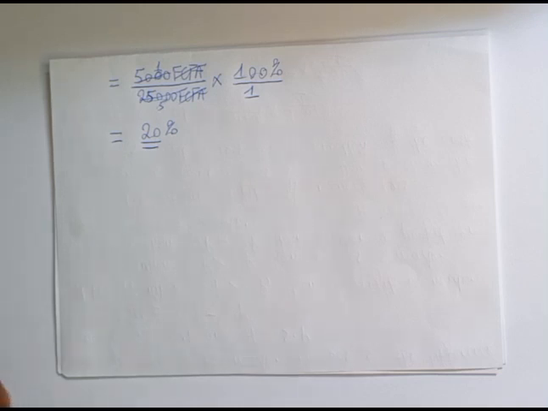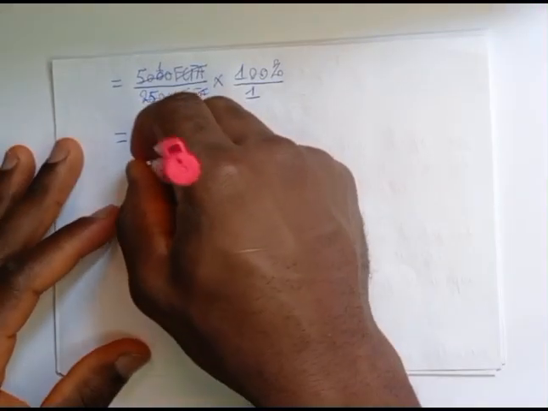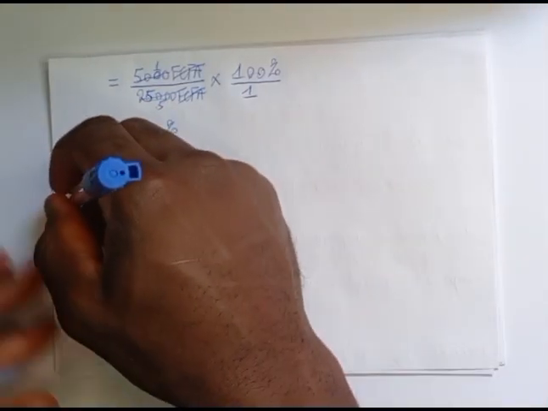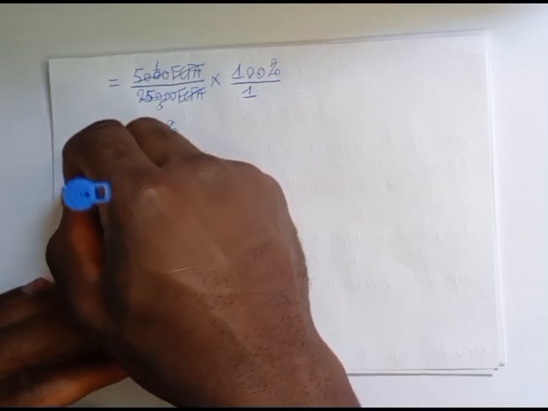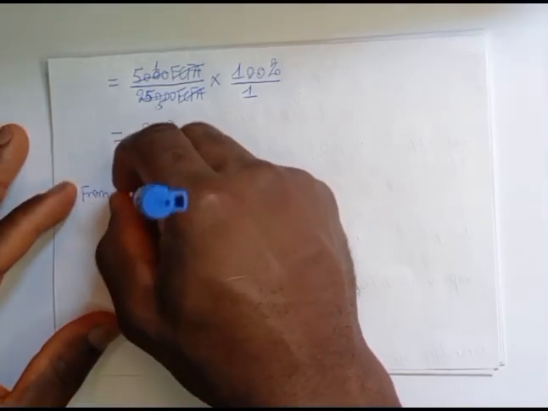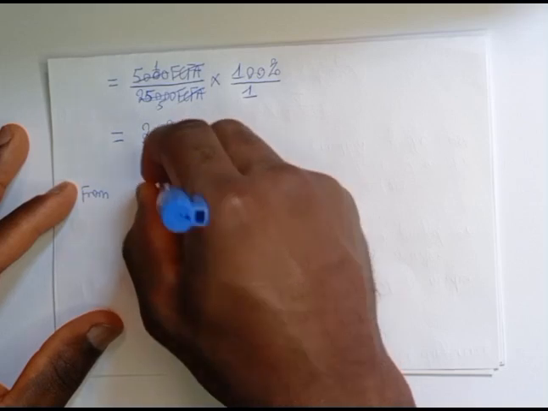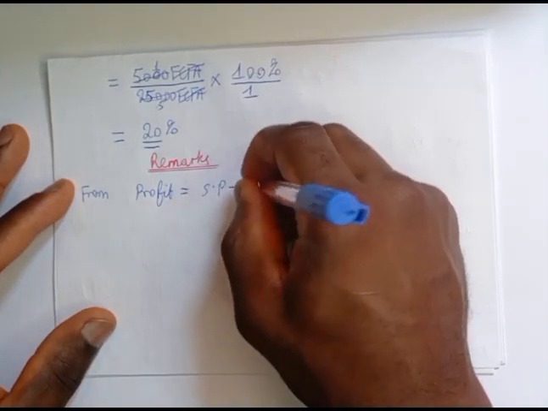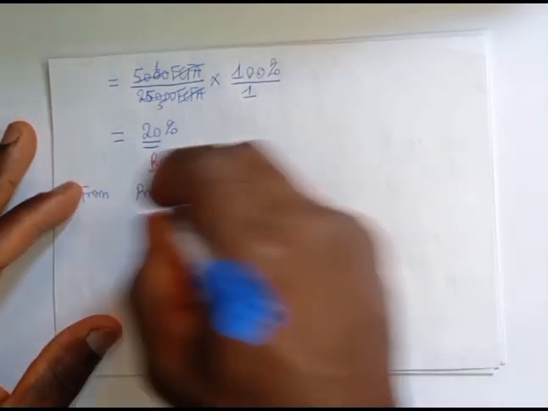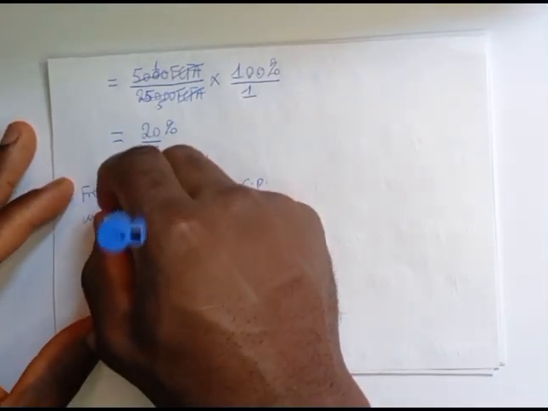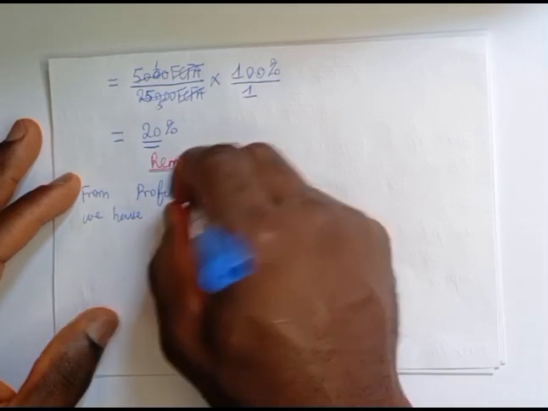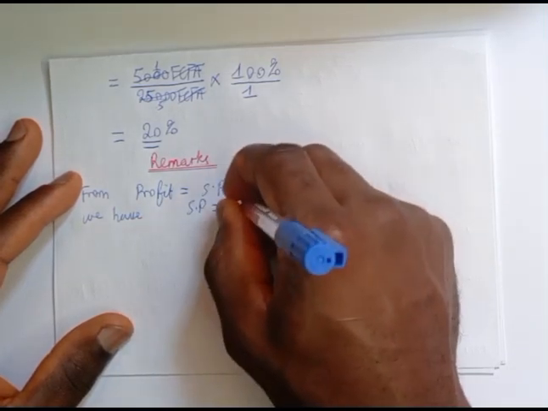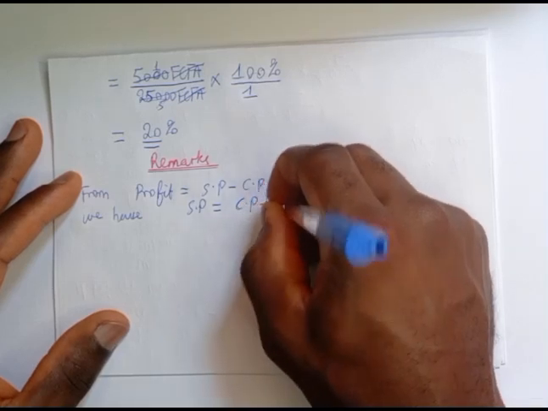Now we are going to take down these remarks. They are very important. The first one, I, from profit equal to selling price minus cost price, we have selling price be equal to cost price plus the profit.